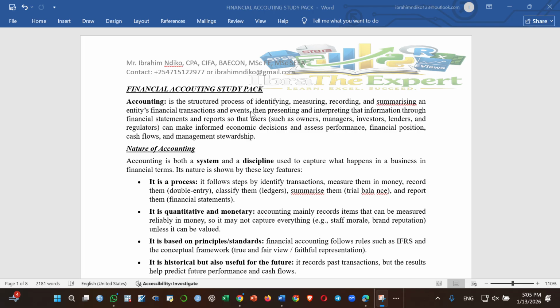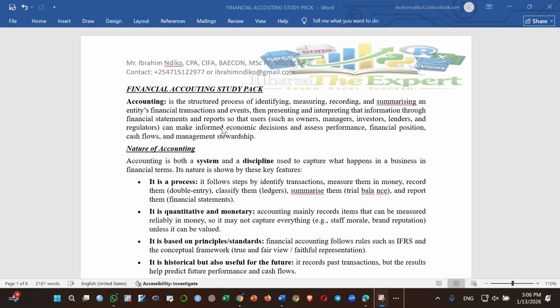So as to allow the users of this information to do what? To make informed decisions. That is very correct. But if you define accounting up to the financial statement, it will also be correct. The structured process of identifying, measuring, recording, and summarizing the entity's financial transactions and events, and then presenting that information and interpreting it through financial statements is correct up to that point.